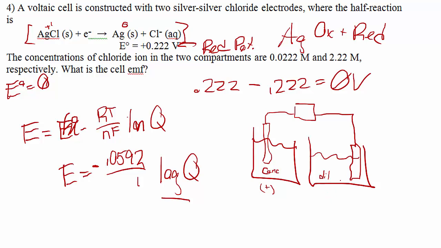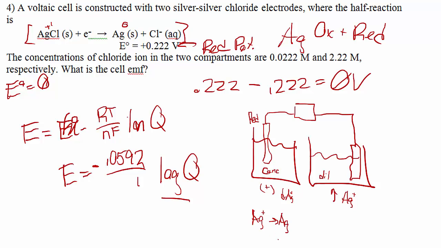What we want to do is increase the Ag plus over here, and decrease the Ag plus on this side. So this side, the concentrated side, is going to be the thing that gets reduced. So over here is going to be where Ag plus becomes Ag0.